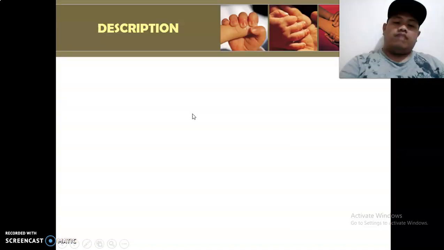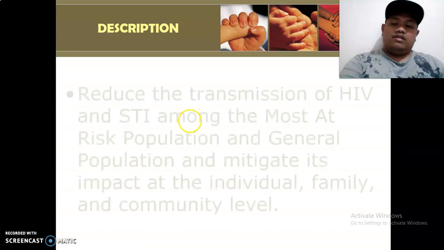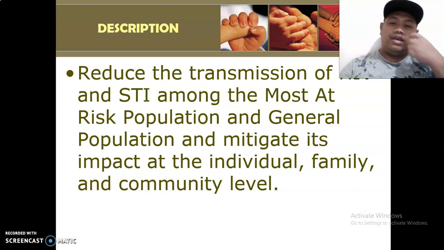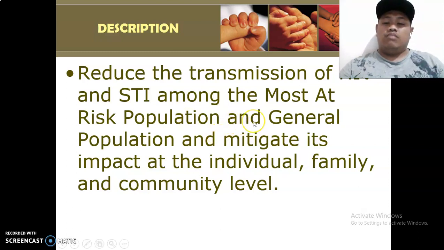Now, let us describe briefly this program. This program is created to reduce the transmission of HIV and STI or sexually transmitted infection among the most at-risk population and the general population, and also to mitigate its impact at the individual, family, and community level. Basically, this program not only aims to prevent the spread of this infection but also to manage those people who already have the condition.